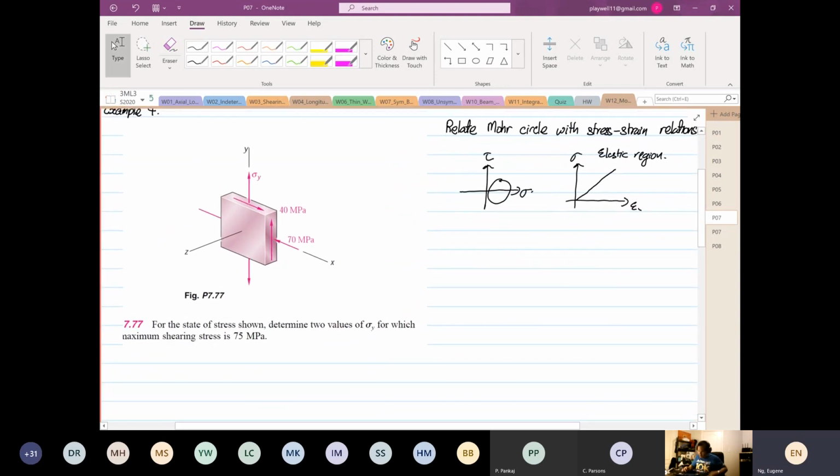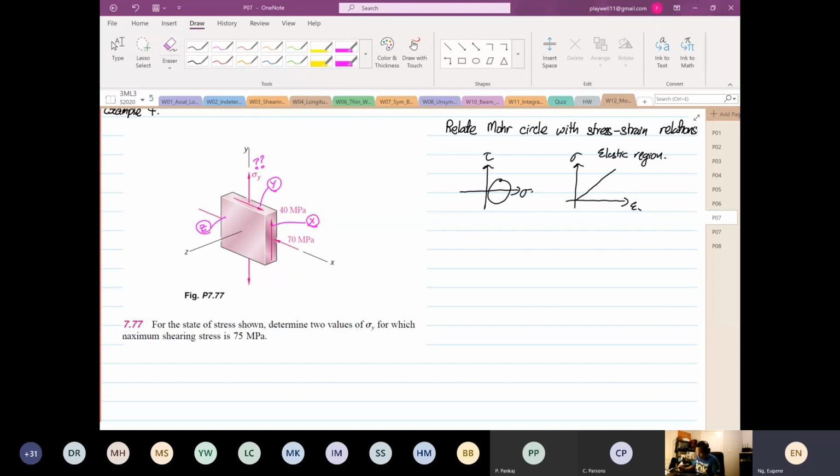Now, let's look at the numbers that are given. So we have this, we will label as our X, Y, Z. And we are told to find what is our stress Y value. I repeat again, what are you cheeky ones laughing out loud for, we're studying.